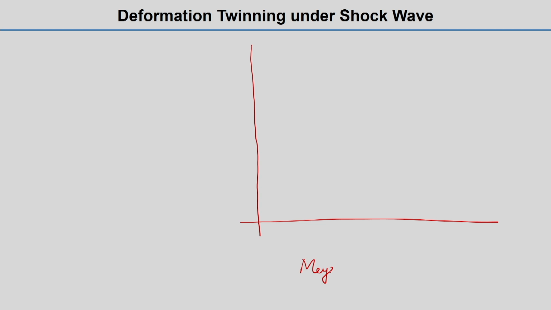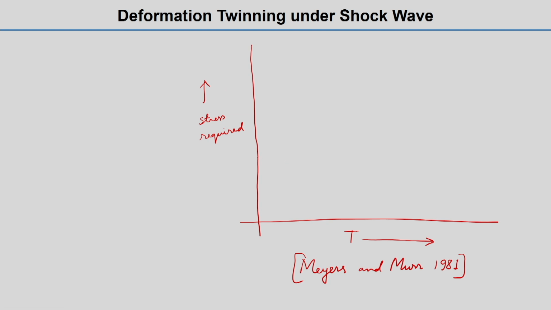So we will just draw a plot from Mears and Moore. The reference, I think this is 1981. So this is a very interesting plot with temperature in the horizontal axis and then in the vertical axis stress required for twinning or slip.